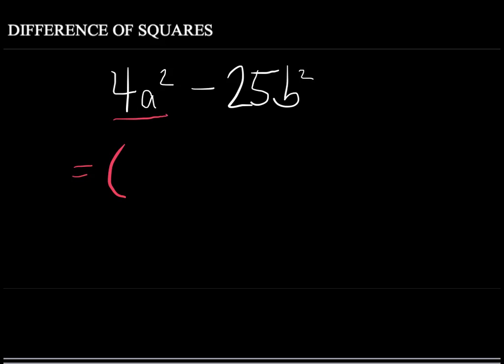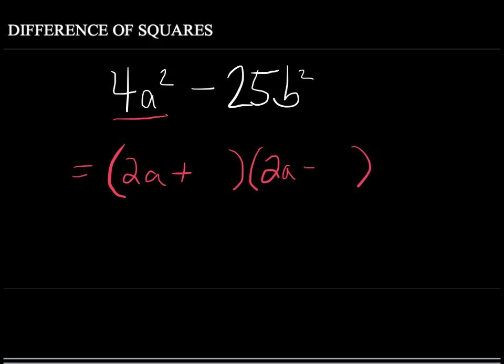Okay, let's kind of up it a little bit because that's pretty straightforward. We're going to factor 4a squared minus 25b squared. Now this one looks a little bit more complicated, but actually it's just the same thing. It's a square. That's actually 2a all squared. So this is equal to 2a plus something and 2a minus something.